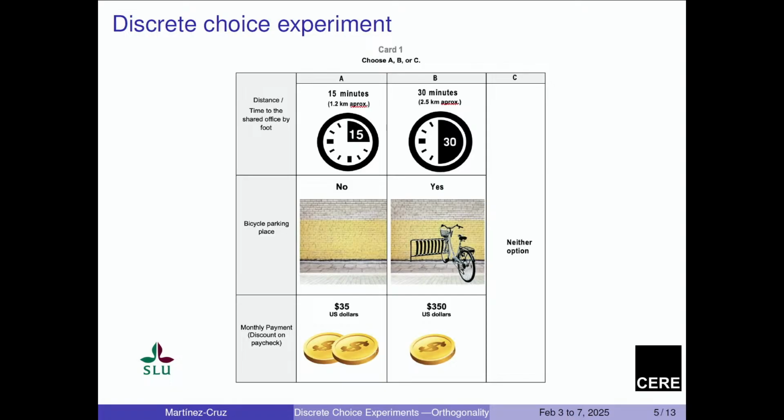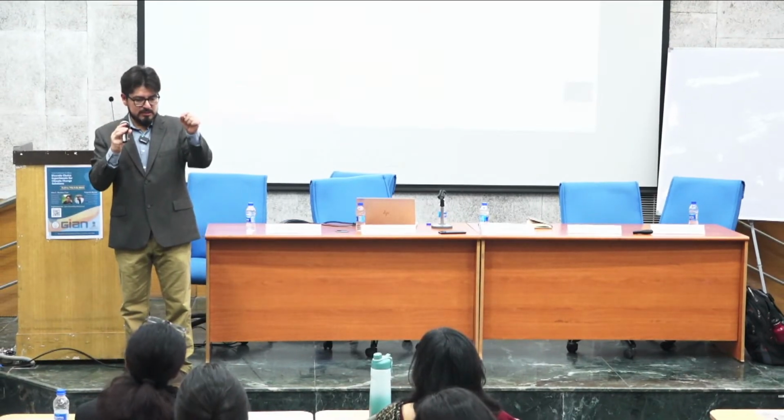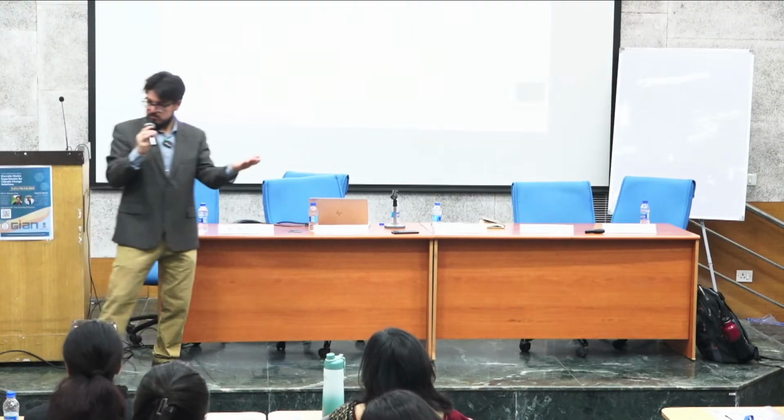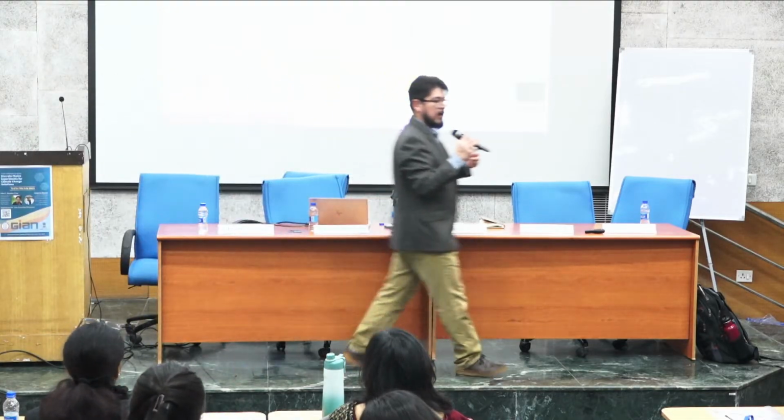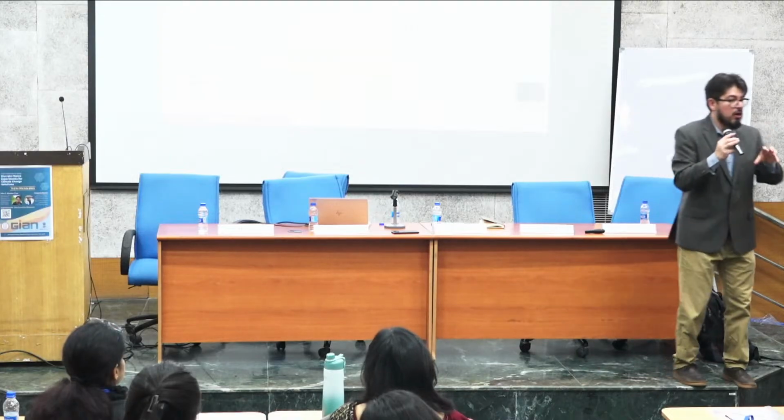Right? I could do the opposite. In the previous one I had 10 choice sets in each block, so I had 5 blocks. But I could have 5 choice sets in each block and have 10 blocks, right? And then I present to each of you one of those blocks.